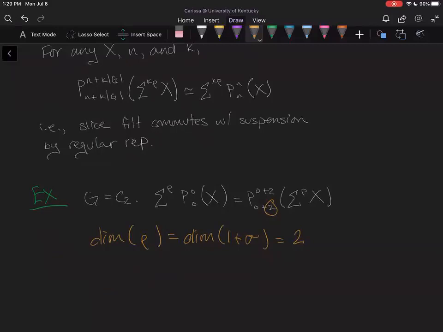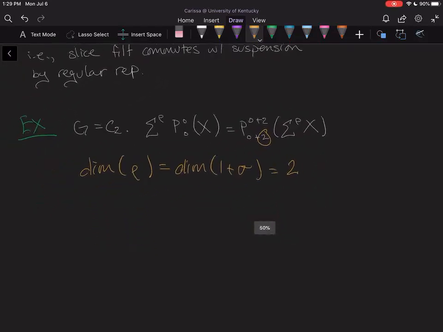So whenever you suspend by row, you can either throw it into your slice or pull it back out of the slice, which is very useful for figuring out towers.